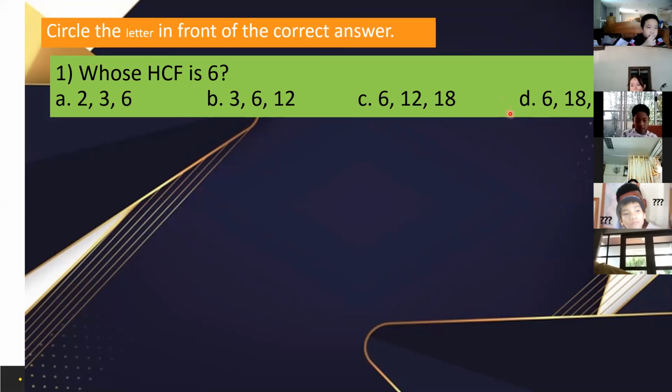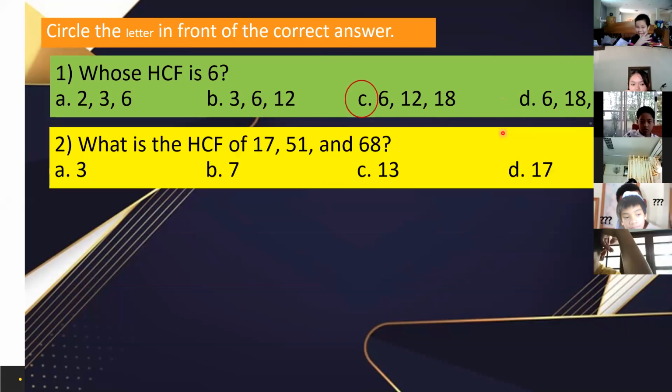What is the answer? A, B, C, or D? Who says C? C.